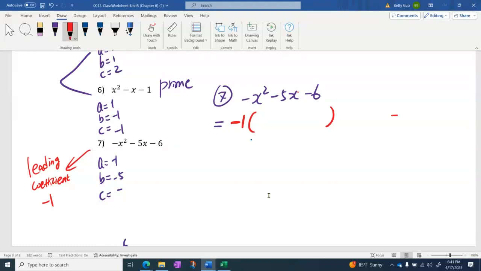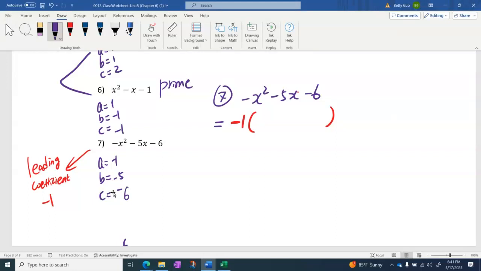And please let me know, if we factor out -1, what's going to be in the parentheses? You can try the methods we learned on Monday.